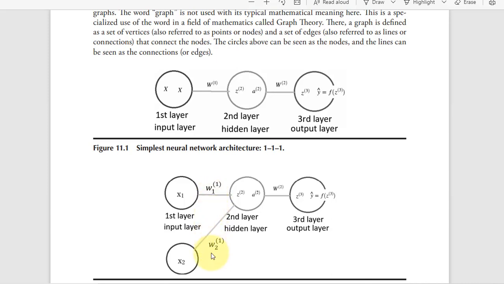So we have 2 weights here, and we're going to take x1 times this weight, and we're going to take x2 times this weight, and we're going to add those together to get this z. So in the case here, we have 2, and going to here, that's how we're going to get this value, z. Once again, we're going to take this number times this, and then this number times this, and add those 2 products together. That's how we get z2 in that case.